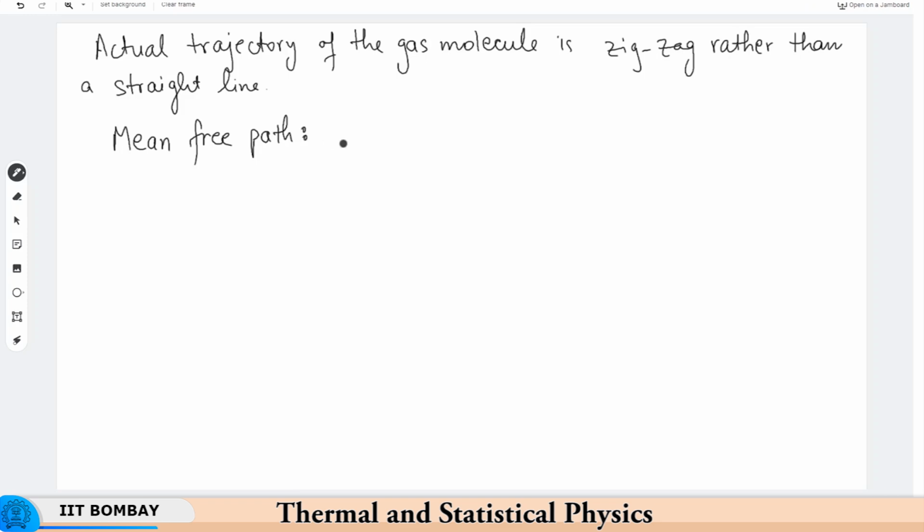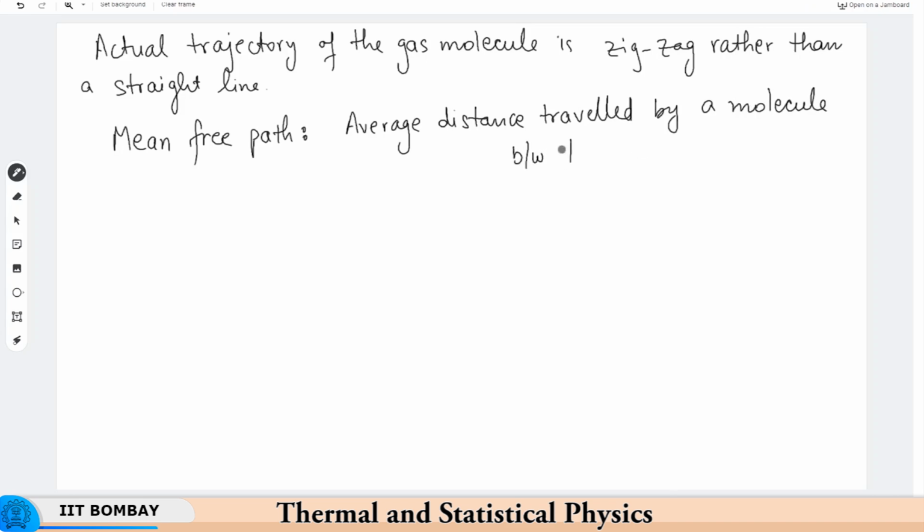And what is mean free path? This is basically the average distance travelled by a molecule between two successive collisions.